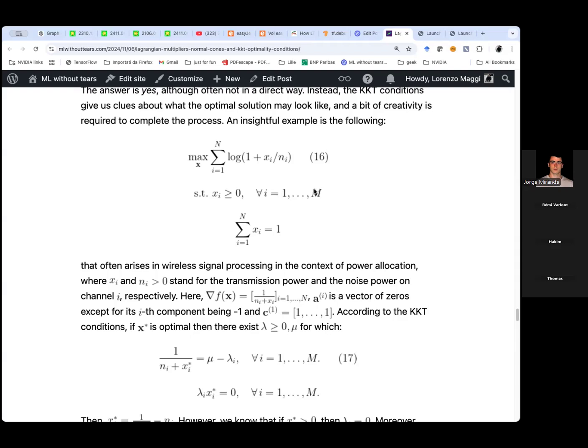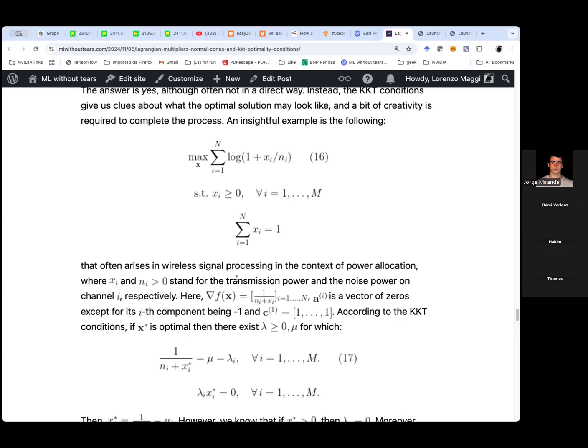There are m of them, and each inequality is really simple. It's just one component, and it's in the other sense, so it should be minus xi smaller or equal than 0 if we want to comply with our formal definition. So ai is 0 except for the ith component being 1. And then let's see how many equalities we have. Just one. So there's just c, which is a vector of 1's.